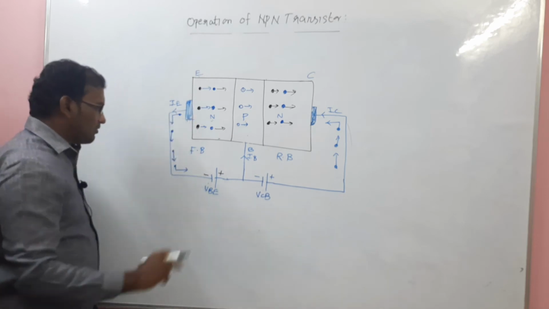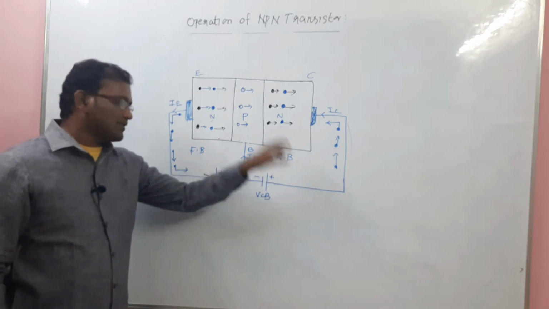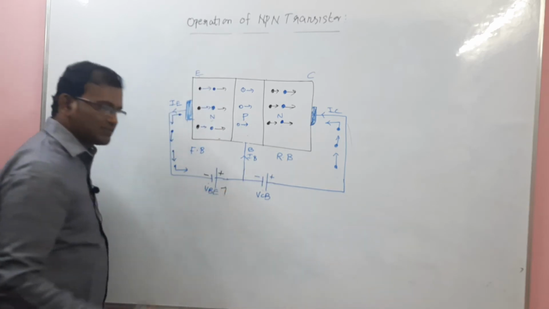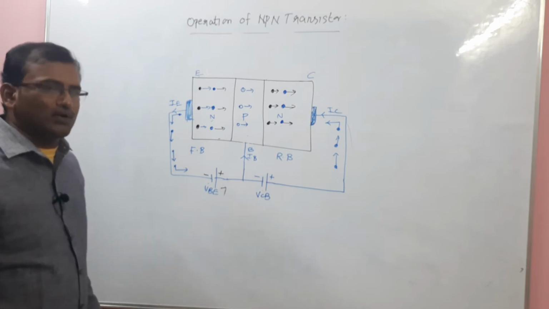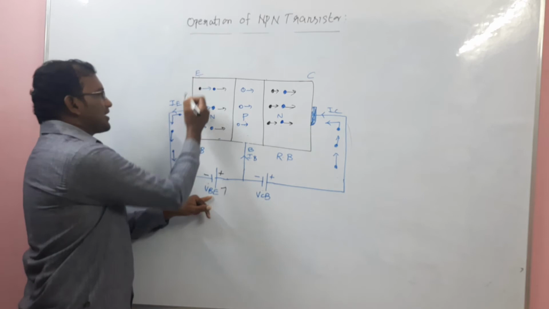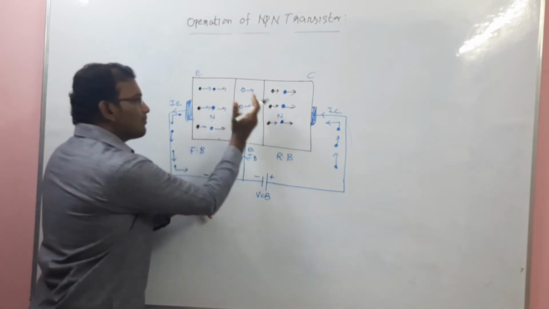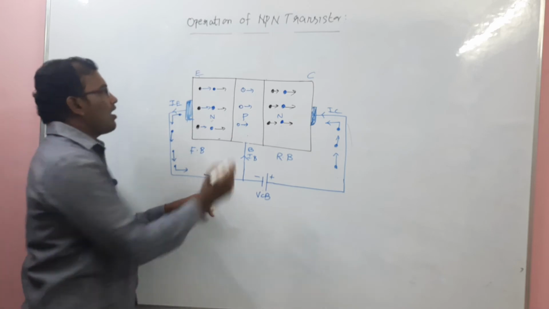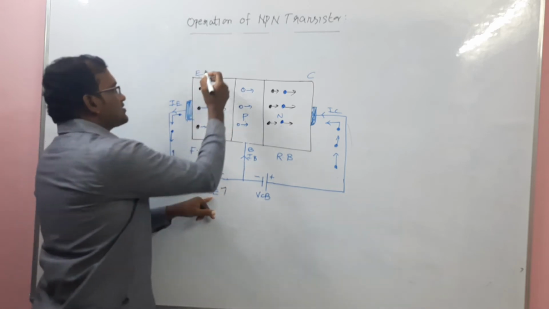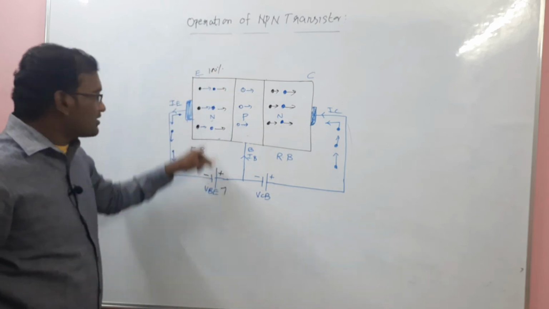Now I have given the supply voltage for forward bias and reverse bias. I am going to increase the emitter-base junction voltage, VBE. When I increase this voltage, electrons start moving from the emitter to the base region. How many electrons? Since the emitter is heavily doped, 100% of the electrons are present as charge carriers in the emitter region.